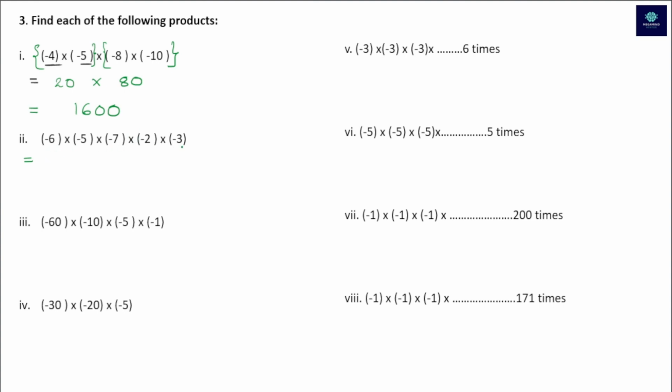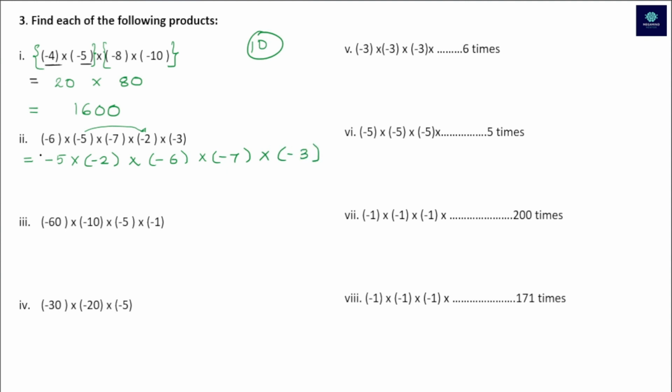In this question, we have to multiply 5 integers. Now we know that on multiplying 5 and 2, we are going to get 10, right? So let us multiply minus 5 and minus 2 first. And with that, we will multiply minus 6 into minus 7 into minus 3, right?